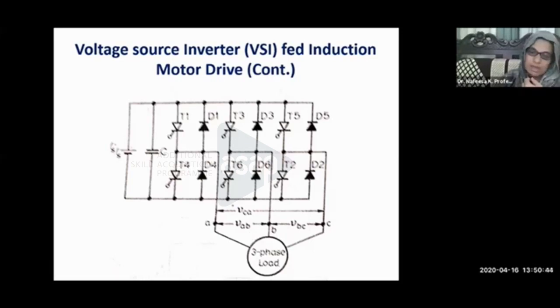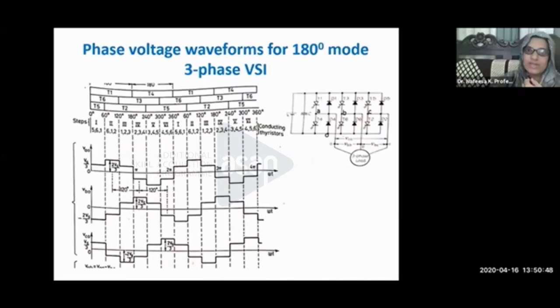Now we will see the voltage waveforms, the phase voltage waveforms from a 3-phase voltage source inverter. As you have already seen in the power electronics class, you have studied 2 modes of operation of a 3-phase VSI: 180-degree mode and 120-degree mode.